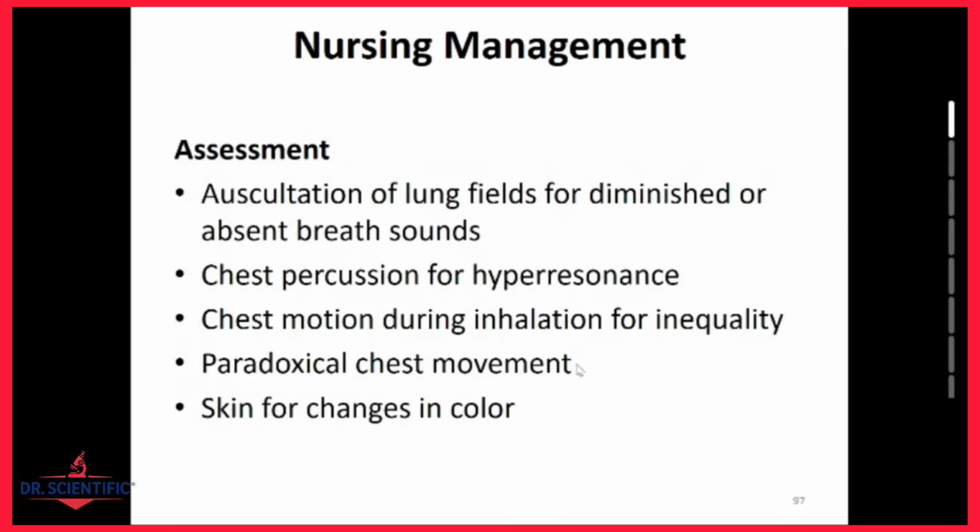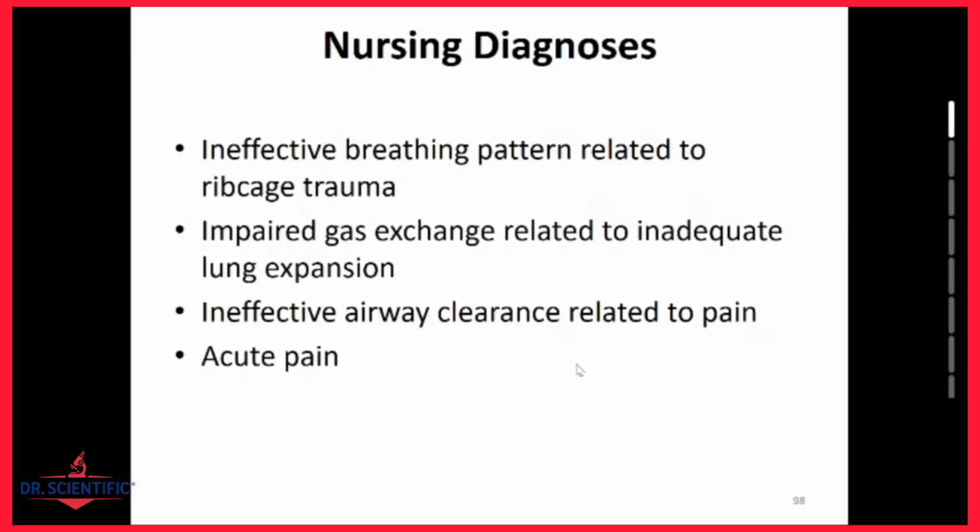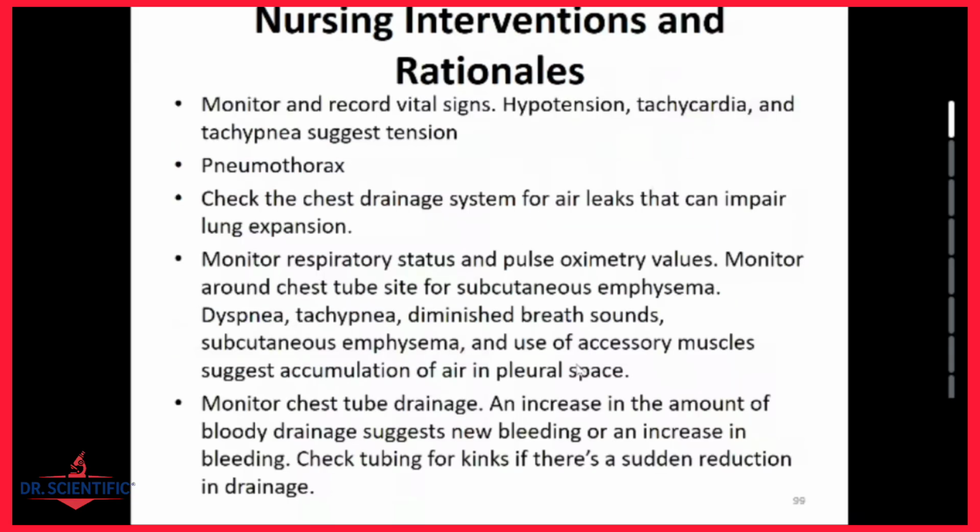Paradoxical chest movements, again as a result of the collapsed lungs. Skin for changes in color, cyanosis, you want to evaluate that. For nursing diagnosis, you can have so many: ineffective breathing pattern, impaired gas exchange, ineffective airway clearance, acute pain. All these are possible nursing diagnoses you can see in your patient.